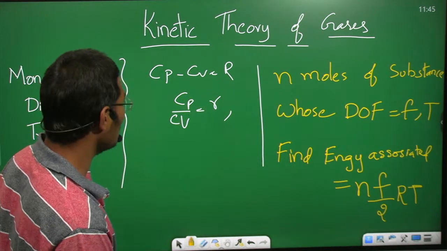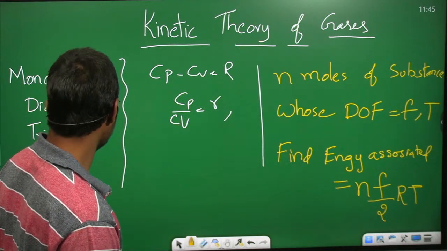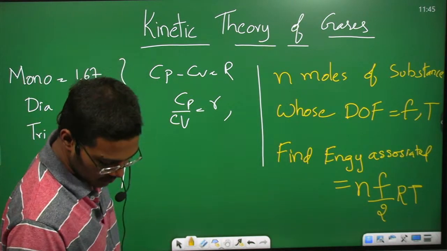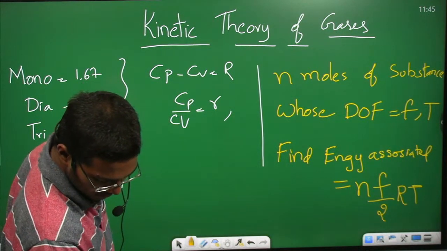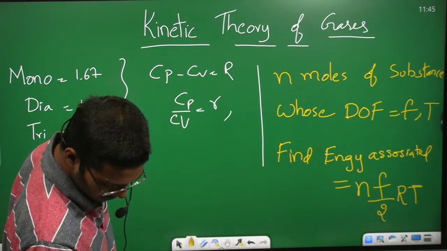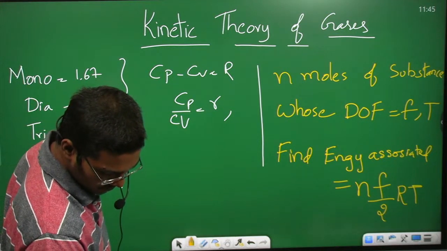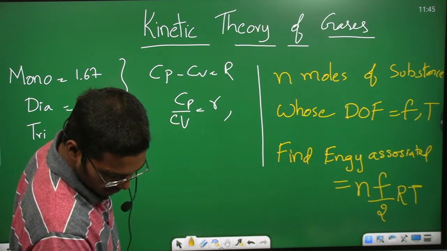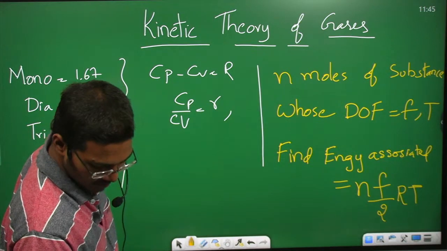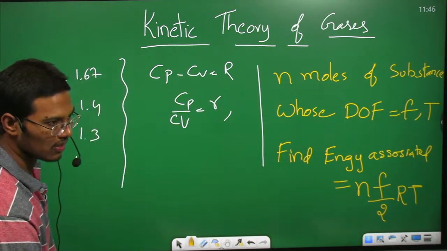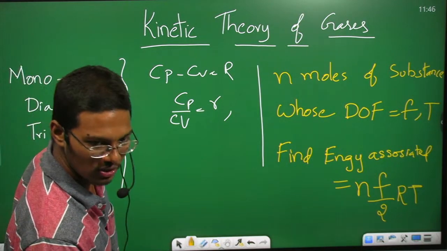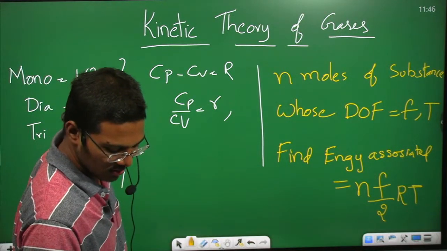So if you still have any formulas, please do comment in the chat box. Let's try to discuss. If you think some formulas are getting missed, try to share so that we'll note them down.